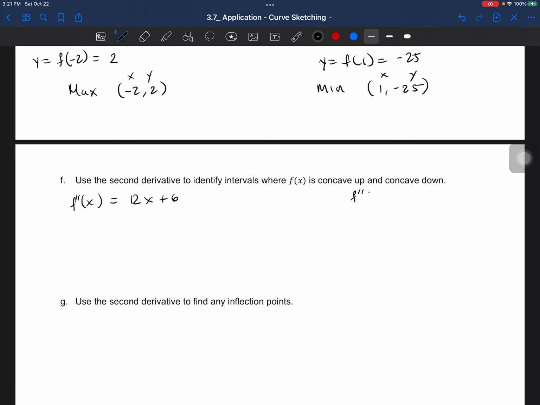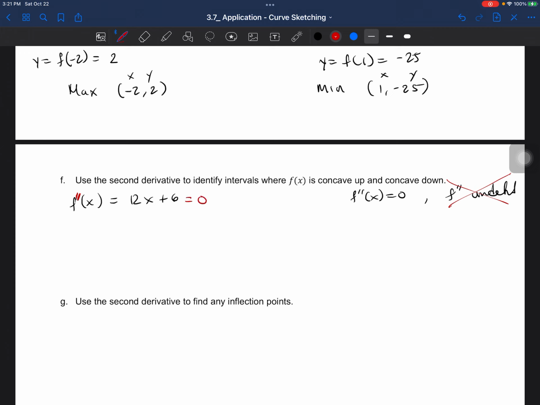To separate concave up from concave down, this is going to happen whenever the second derivative is 0 or when the second derivative is undefined. We know that this is never going to be undefined because this is a polynomial, and so it is defined everywhere.